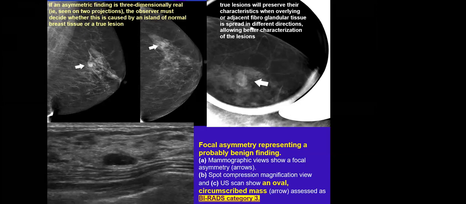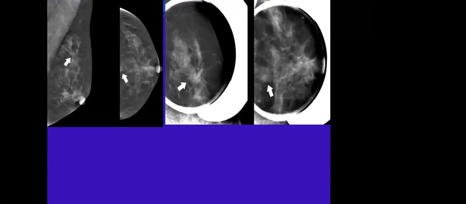We spread away the overlying breast tissue, helping us to give more characterization of the underlying lesion, which is also seen here on ultrasound. Here it is oval circumscribed, and here oval parallel hypoechoic. So it is probably benign, BI-RADS 3, in both mammography and ultrasound.